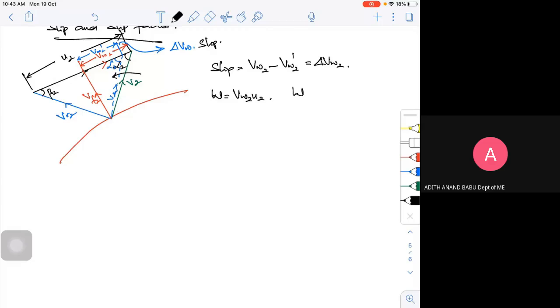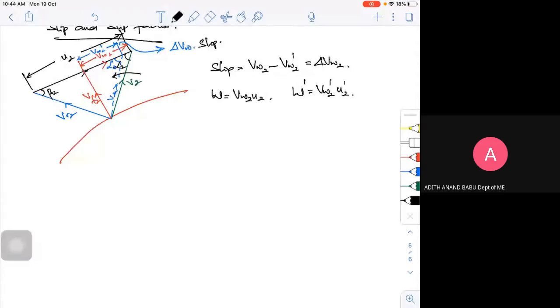So your new work done will be VW2 dash into U2, and U2 also will get reduced, so U2 dash. Because of this, my work done will get reduced. The slip will reduce your work. There is a difference in your tangential velocities, which are your whirl velocities.